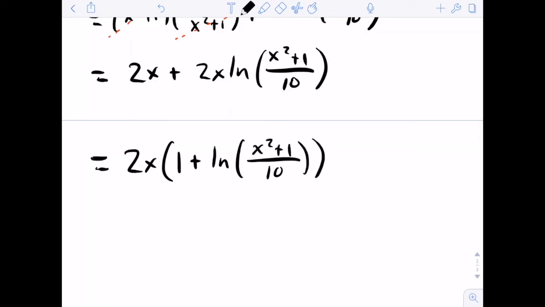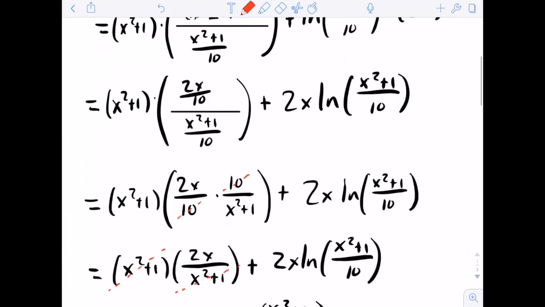To see that that's correct, just multiply through by the 2x. The step from here to here is to factor out 2x from each term. Okay, so that's the derivative of that one.